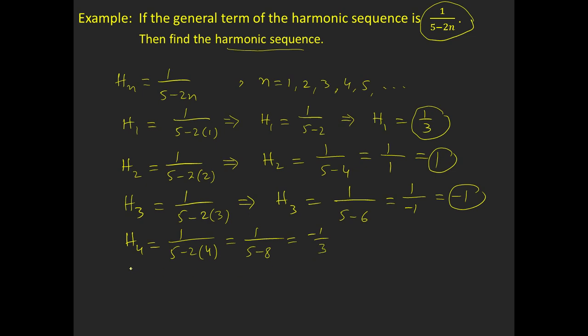Now put n is equal to 5 in this general term, and we will get the fifth term of the harmonic progression. So 1 divided by 5 minus 10, and this is equal to minus 1 divided by 5. So these are the terms: 1 divided by 3, 1, minus 1, minus 1 by 3, and minus 1 by 5.